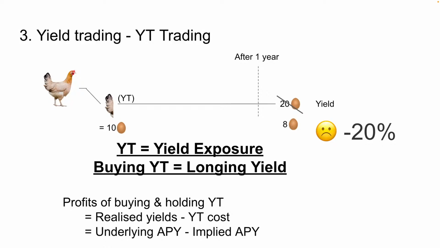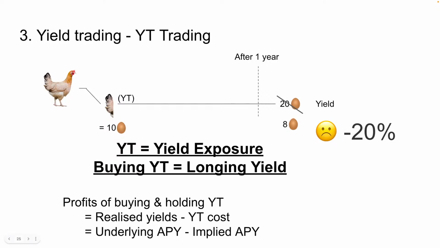But you are basically exposed to the amount of eggs that chicken is producing. The second point is that buying YT is basically longing yields. You're betting that yields will go up. You're betting that the rate of producing eggs will increase. The more eggs are being produced, the more profit you will get, right, in the end. So buying YT is longing yields.